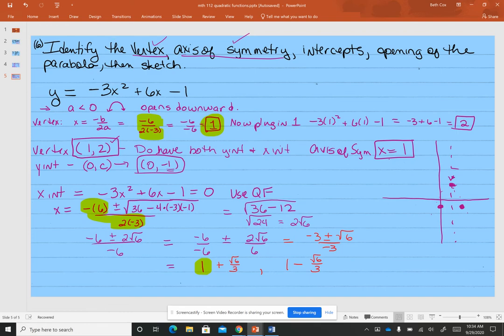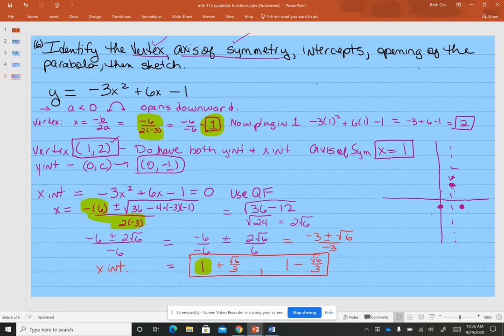But if I was actually graphing it by hand, I would use a decimal. So just be ready to type it in just like this, but be ready to get that calculator out if you need to. For typing it in for the x-intercepts, I think you can do this right here. But if you need a decimal, then you'd have to get that calculator.